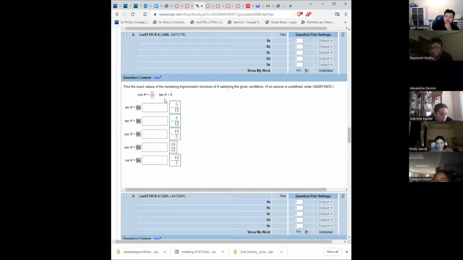Okay, well, that means that one or the other has to be negative, but it can't be x because x is positive. That's what this hint is right here. So what quadrant would this be? They're not asking, but can you tell? If x is positive and tangent is negative, which quadrant is theta?